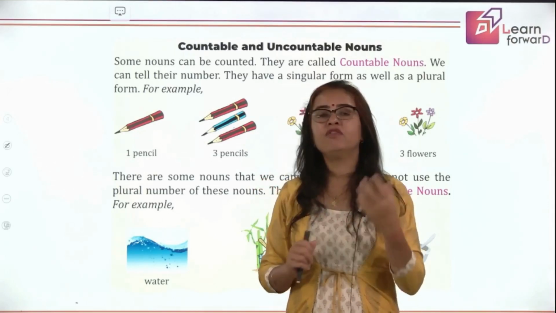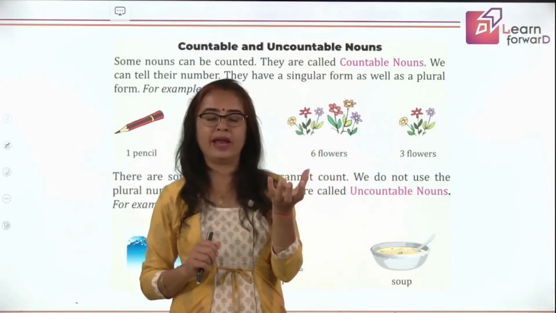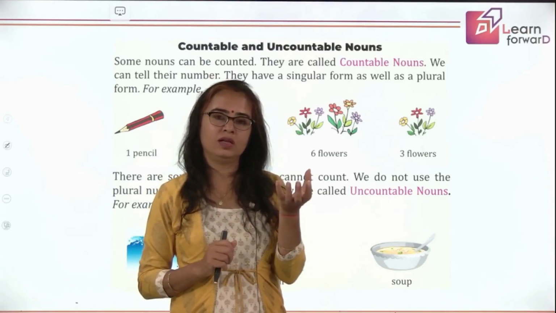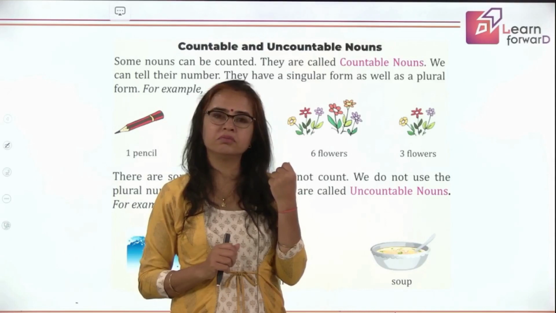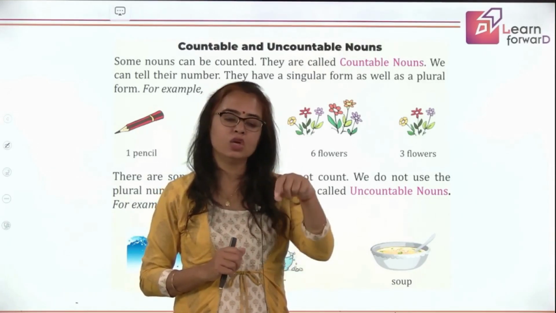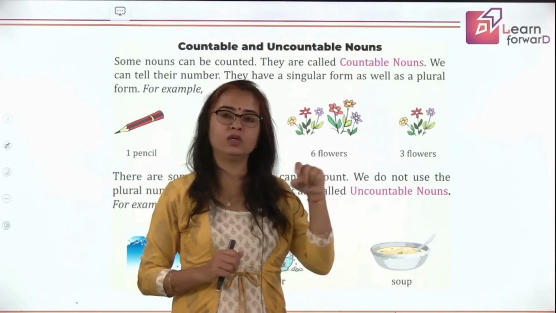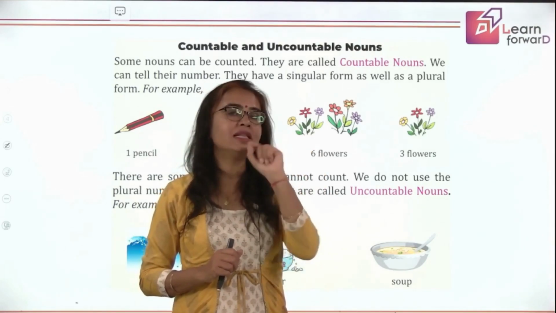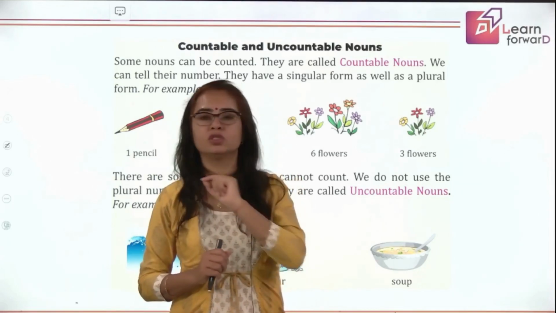Similarly, if I give you some sugar in a bowl and I ask you, how much sugar is in the bowl? Can you count sugar? No. What you will start counting is 1, 2, 3, the grains of the sugar. So the grains are countable, sugar is not countable.